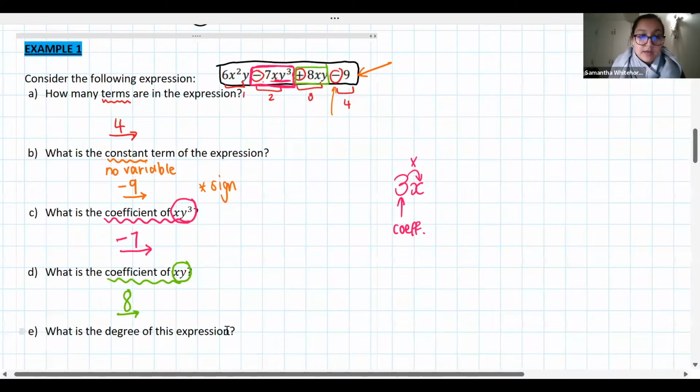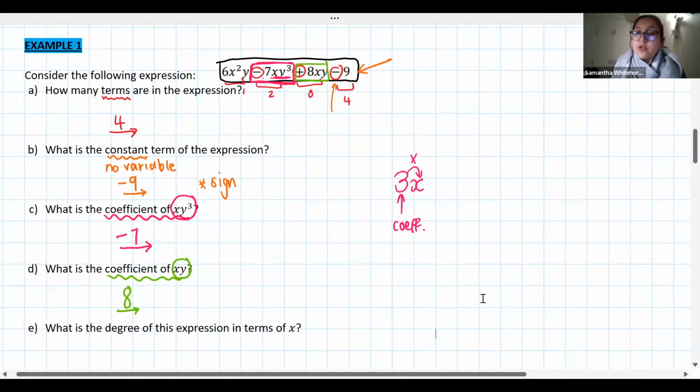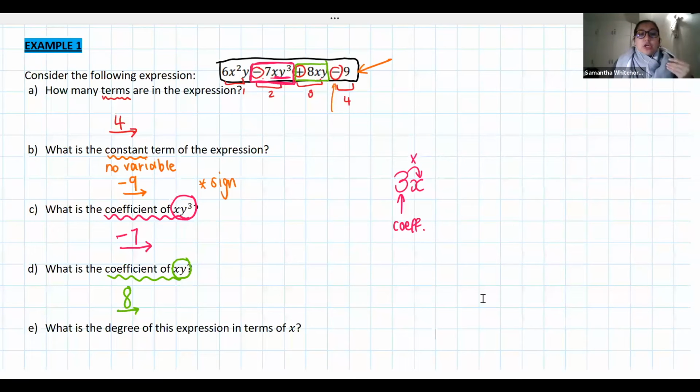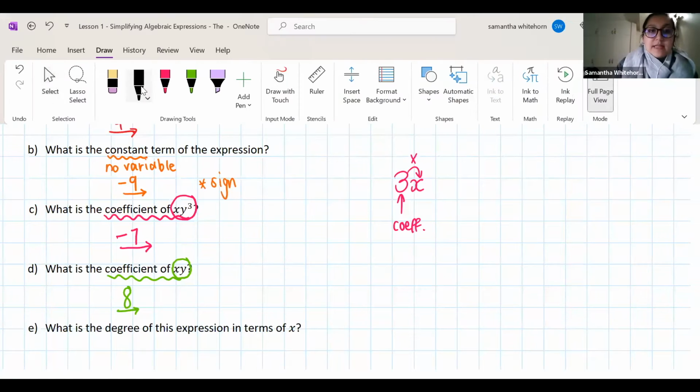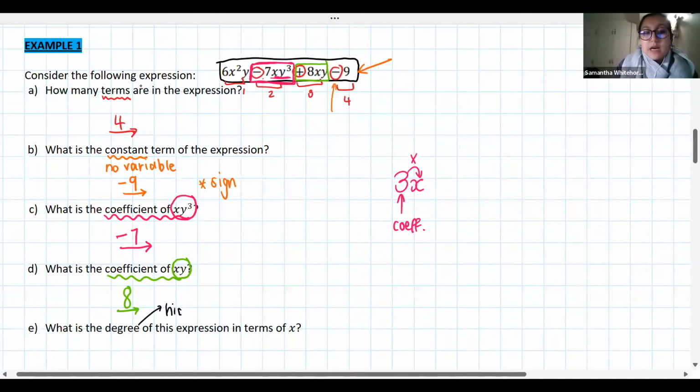Right, question E. I've left off some information, so let me just fill that in. I'm not a huge fan of these questions, mostly because I'll ask you this question once and they never really talk about it again. So the degree of an expression, let's start with a basic definition. When I talk about the degree, I'm talking about the highest or the biggest exponent.